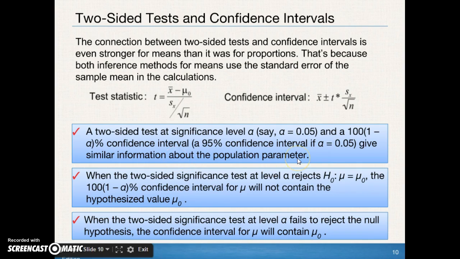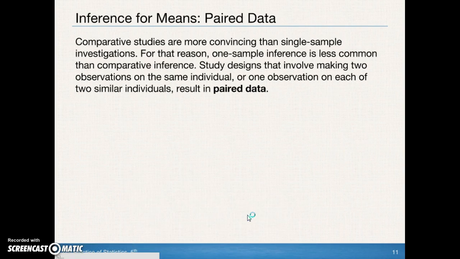So again, we can have evidence in both cases, and we kind of did that in our last chapter where we said, oh, it's not in our interval, so therefore we can't agree with the claim. You would have the same thing. You'd have that ability to reject the null because it's not part of your claim. And that's kind of what they're saying with these second two bullet points. And we'll go over that in a few examples together.